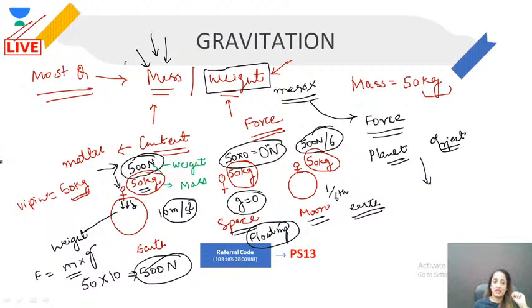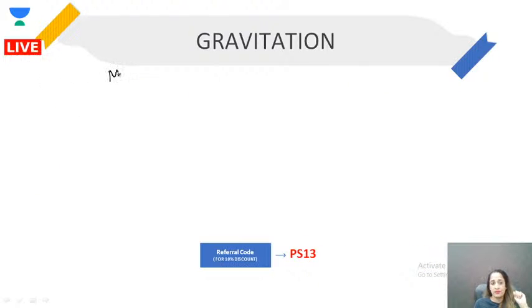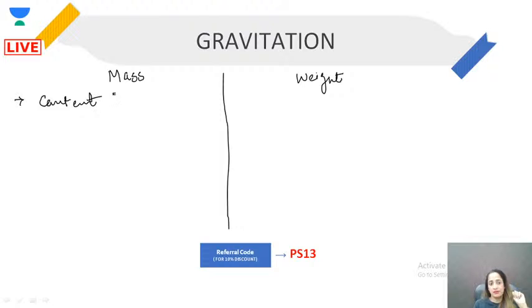Okay, so that is the difference between mass and weight. And quickly, if we want to summarize the difference between mass and weight: mass is the actual content, the actual matter present in something.